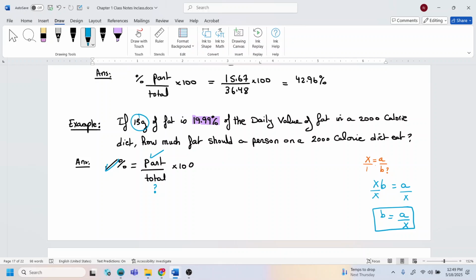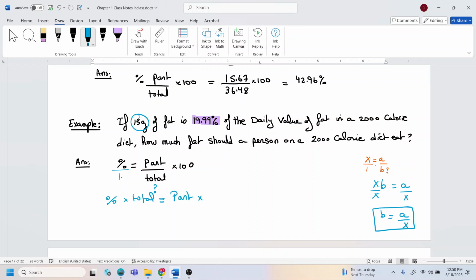We're going to do the same thing here. I need the total, right? So I'm just going to go ahead and rearrange this. I'm going to make the percentage out of 1. So I'm going to make an equation of the percentage times the total is equal to. Remember, I am multiplying those two together, cross multiplying. The part, and the 100, I'm going to multiply by 1, separated by an equal sign.